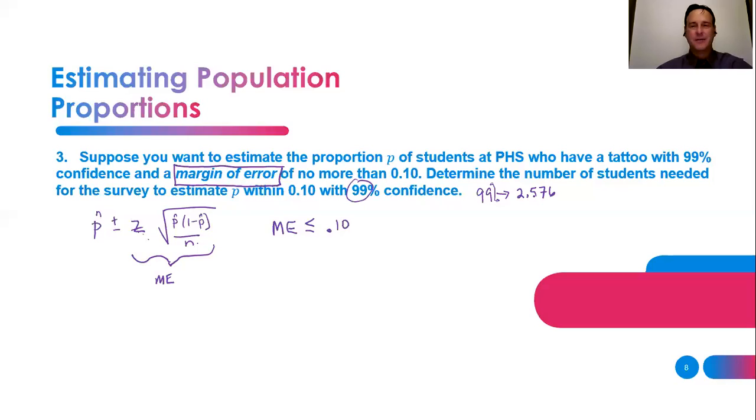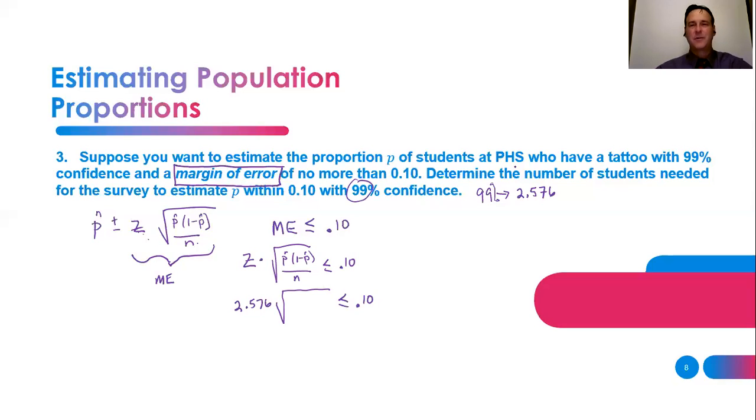And 99 is 2.576. So let me write that. My z is 2.576. And they don't really give us any other information.